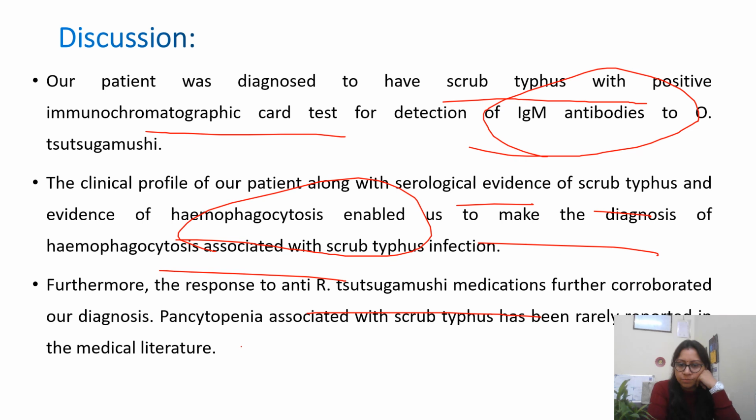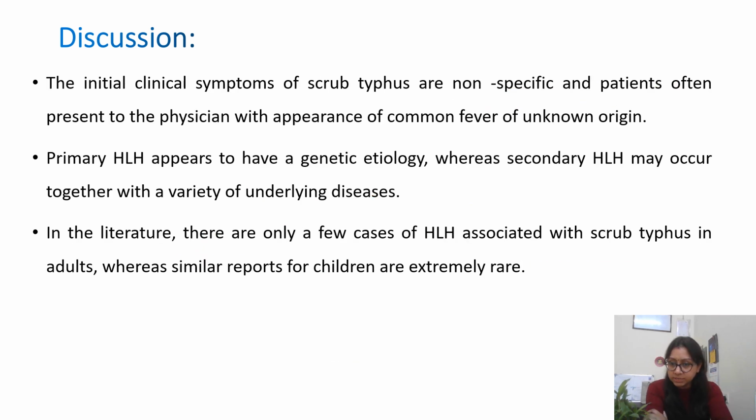And pancytopenia associated with scrub typhus has rarely been reported in literature, and in this case, both the cases have already been published. So the initial clinical symptoms of scrub typhus are non-specific. So these patients present to physician with normal complaint of fever of unknown origin.